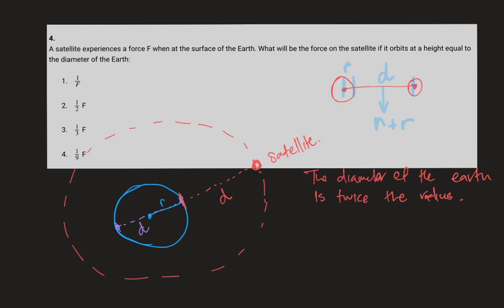So what we've done now is you have increased the distance of the satellite.